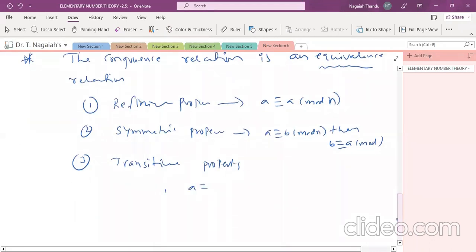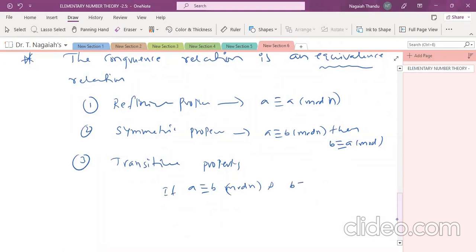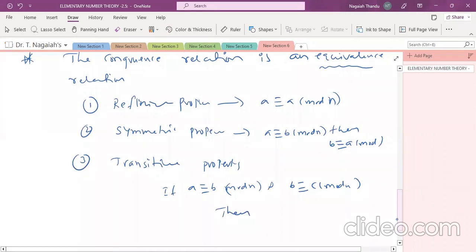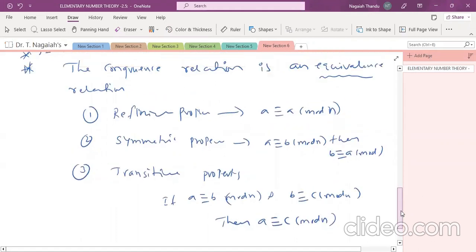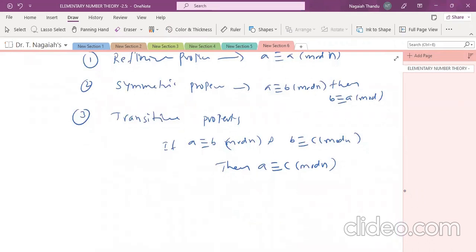If a is congruent to b modulo n and b is congruent to c modulo n, then by the transitive property a is also congruent to c modulo n. These 3 properties make it an equivalence relation. A relation is called an equivalence relation whenever these 3 conditions are satisfied.